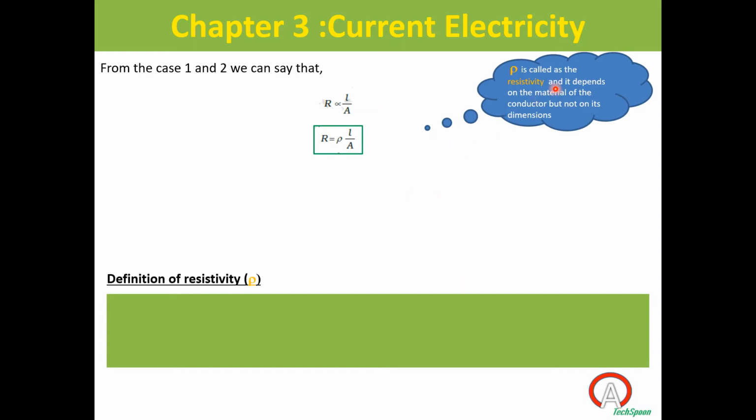Next, we need to find out what is meant by this rho. What is meant by rho, or what is meant by resistivity? Okay. Write down the definition of resistivity, rho.